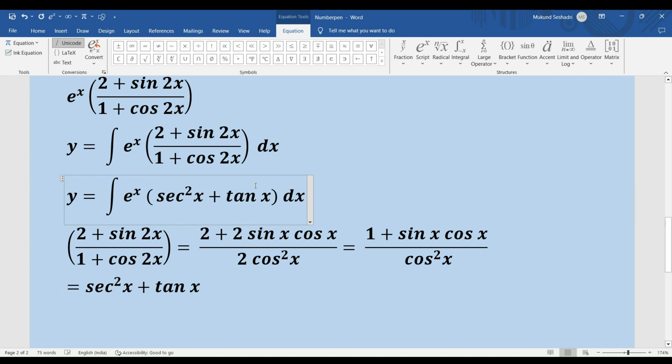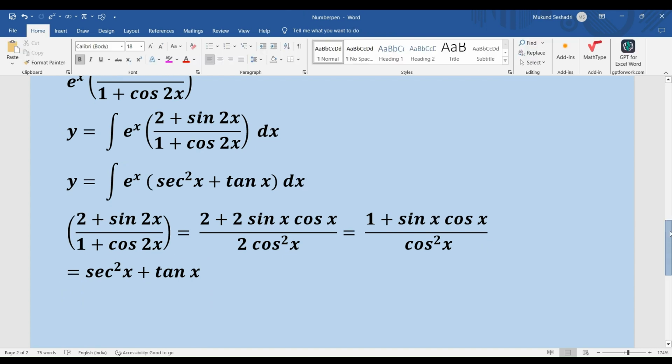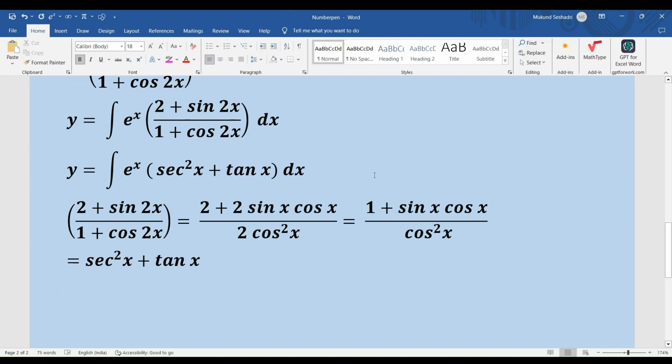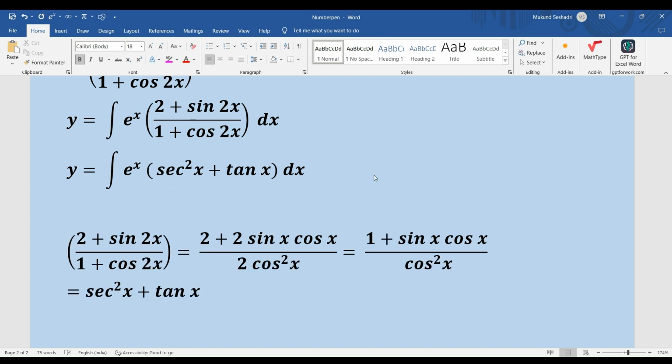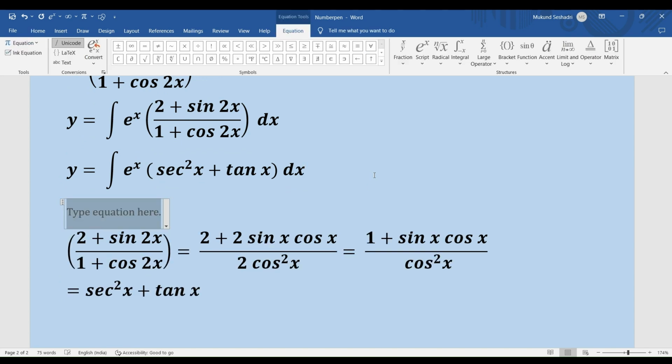And now from here on, it is not too difficult because I know that my d by dx of tan x equals secant square x. So the best substitution that I can make is t equals e to the power x times tan x, right? I then differentiate on either side.